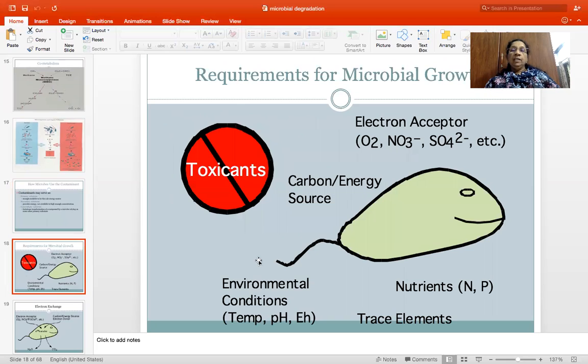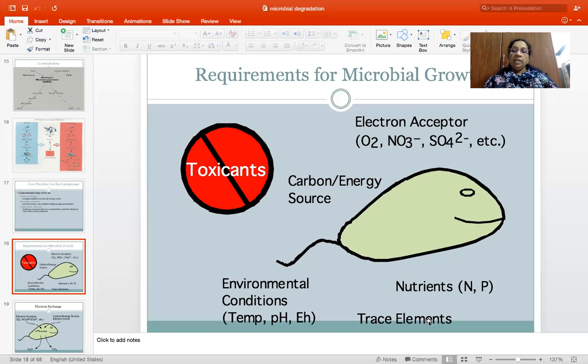So this is just a pictorial diagram to show how the microbial degradation proceeds. Take this as a bacteria, and the requirements of microbial growth are the carbon or energy source, where the toxicants will be used as a carbon or energy source, and the electron acceptor for respiration. In the aerobic condition, oxygen will be used as an electron acceptor, and in the absence of oxygen, under anaerobic condition, either nitrate or sulfate or iron will be used as an electron acceptor.